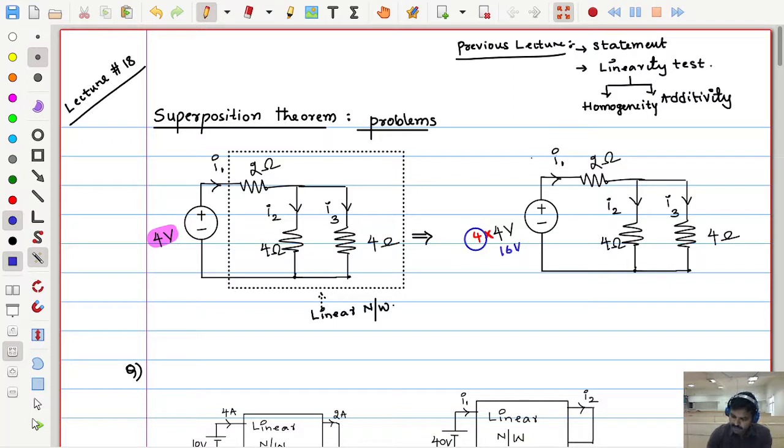Previously the current was I1, so now it is 4 into I1, because the input is multiplied by a constant of 4. In the same way, here 4 into I2 and here 4 into I3. Remember that all linear networks obey this homogeneity principle. If any constant is multiplied in the input, the same constant multiplication applies to all its corresponding outputs.